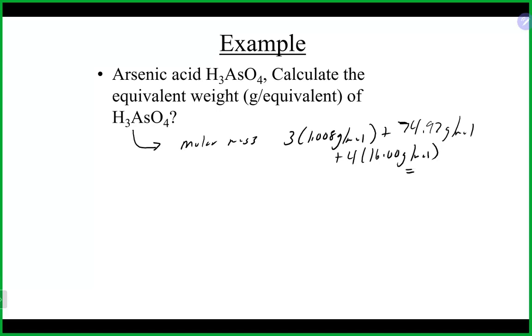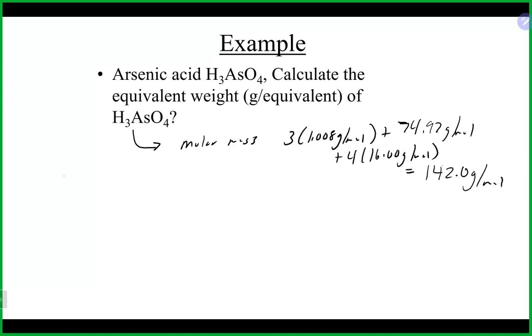That gives us a molar mass of about 142 grams per mole.